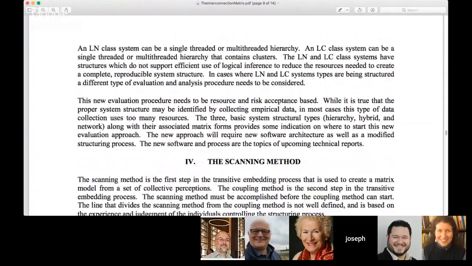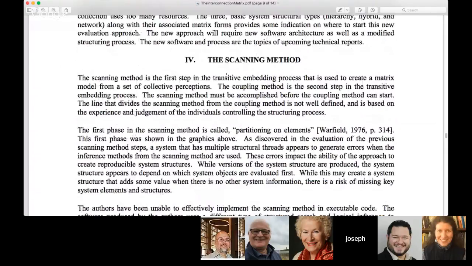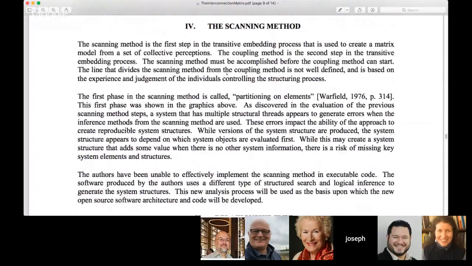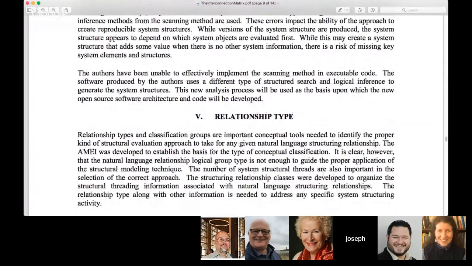So the scanning method, we went through and looked at that, and basically it's important, but I've never been able to figure out how to do it as it was presented in the literature. That's not saying the literature is wrong, I'm just saying I never could figure it out.